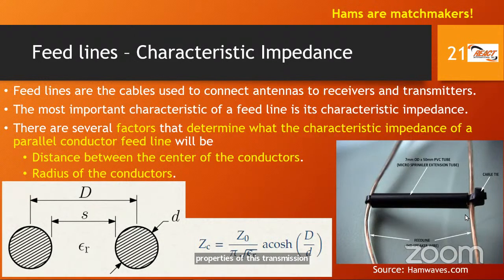The first one is how far away these two lines are, or the distance between the conductors. So this distance here is one of the parameters that determines the characteristic impedance.